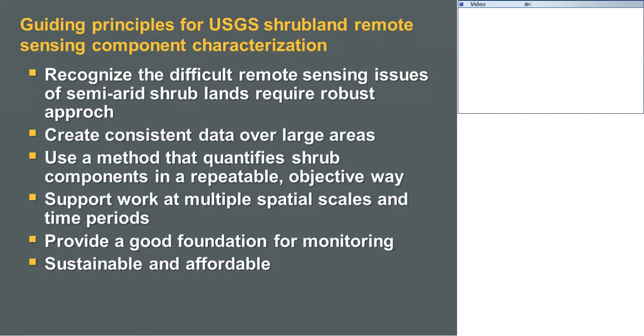We wanted to make sure the method we developed is quantifiable, repeatable. If you can't measure it, you can't monitor it. Working at multiple spatial scales, and if you're going to monitor, it's got to be cheap and easy, or you can't sustain it.